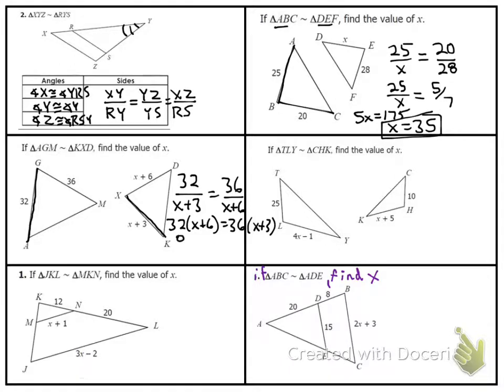In doing that, it gives me 8 times x plus 6 and 9 times x plus 3. Then we distribute, we get 8x plus 48 equals 9x plus 27. We can subtract the 8x over, subtract the 27, and we get 21 equals x.